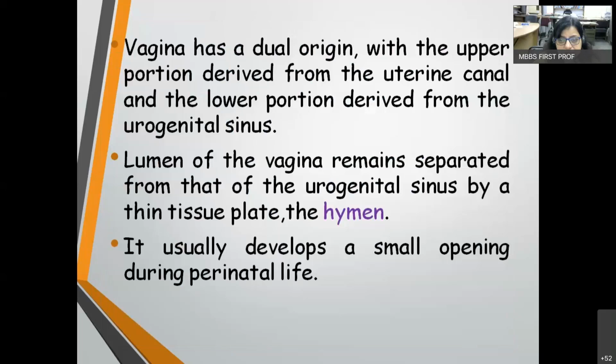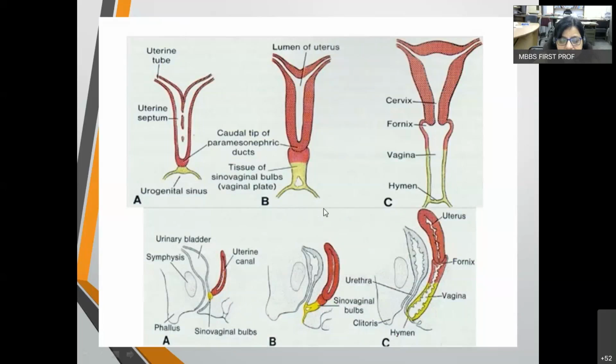I'll show you in a diagram. This one is the caudal part of paramesonephric duct. Here there is urogenital sinus, the caudal part. Both of them oppose each other and they form the vaginal plate. This urogenital sinus is developing in the form of a plate, and this is the vaginal plate.